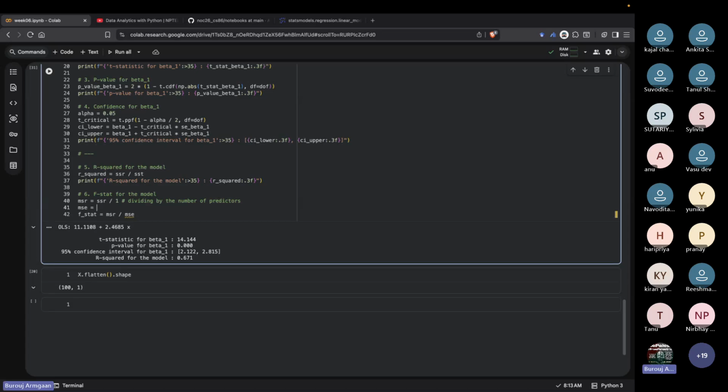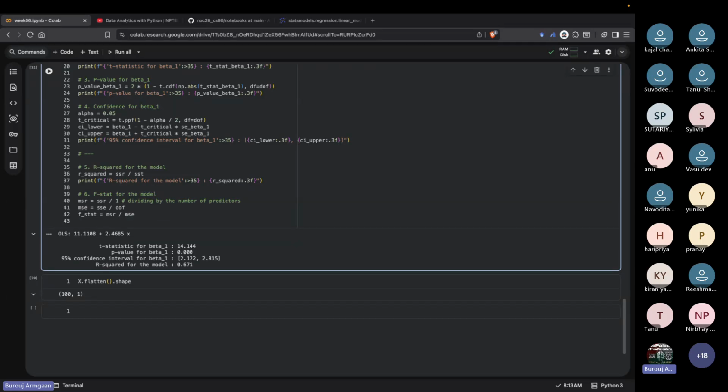Your MSE is your SSE divided by degree of freedom, which is essentially your standard error. Degree of freedom you have already computed. So we can do this. We have MSR, we have MSE, so we get our F stat. For this F stat, we can also get our p value for the F stat.